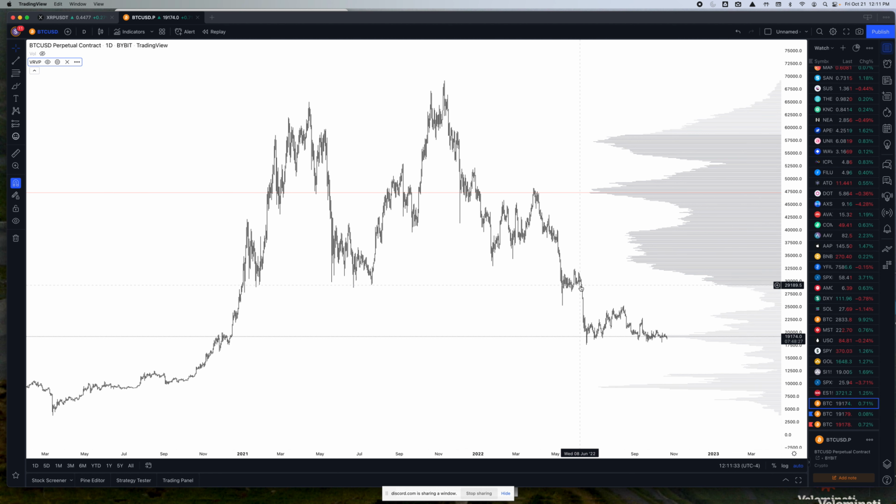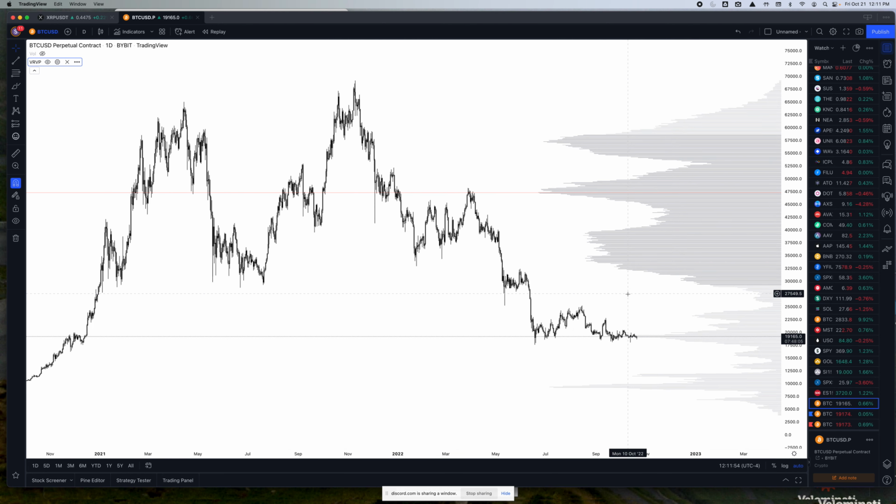As you can see, this was a very fast drop, and this was a very fast drop. So if we were to go above 25K, the likelihood that we get up to 28K is relatively high, right? So on a high time frame, that's kind of what we're doing.